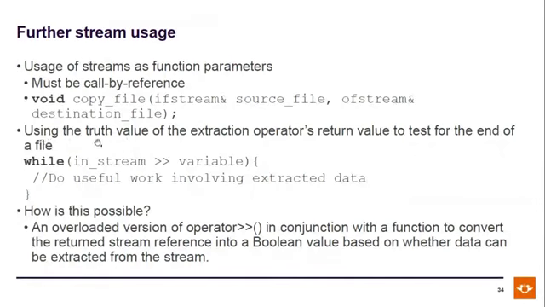Another thing we can do with streams is this sort of check, when we're reading from a file stream and extracting the data into a variable, and we can put this in a while loop. We're using the truth value of the extraction operator's return value to test for the end of a file.